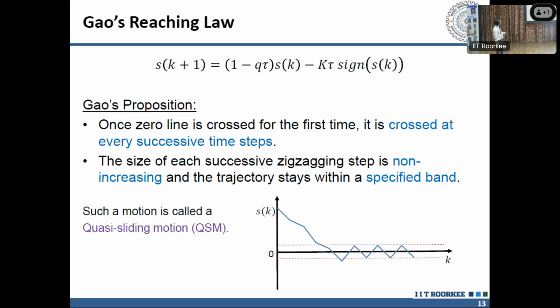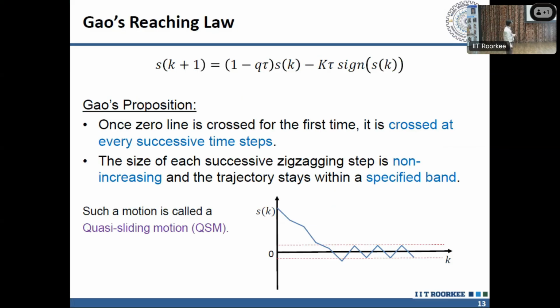That means it can decrease or it can remain constant, but it cannot increase. So as soon as the crossing starts happening, it can keep on decreasing, but it will never increase. That is what he is saying. The size of each successive zigzagging step is non-increasing, and the trajectory stays within a specified band. Finally, there will be a band within which the trajectory will stay.